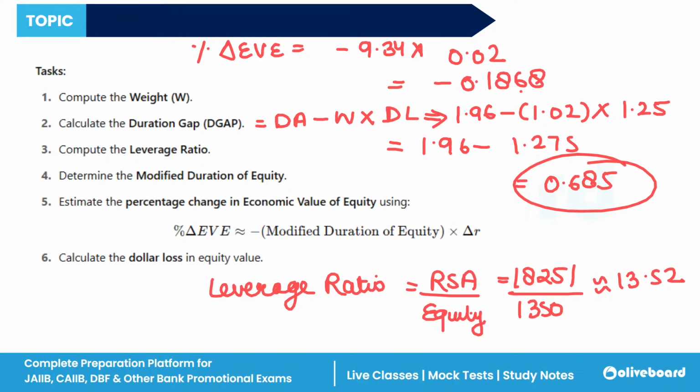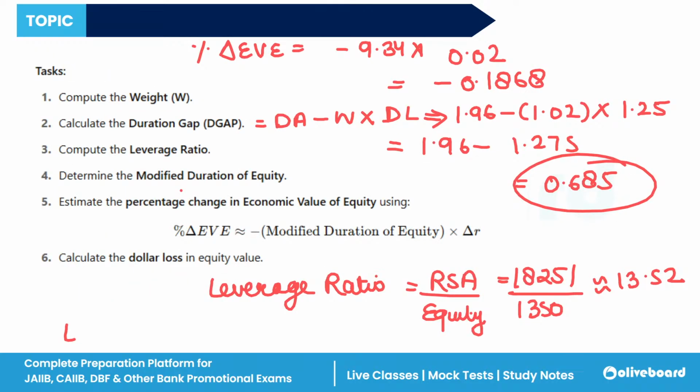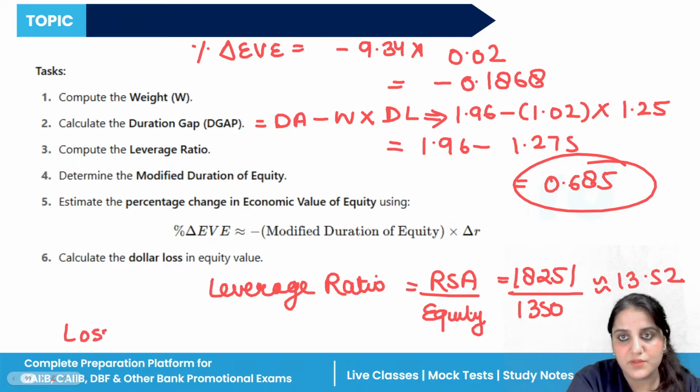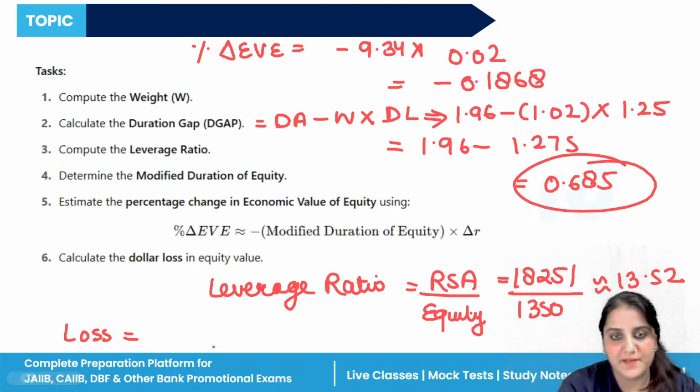And how to calculate the loss? Loss is basically the change in the equity. We take this amount and multiply it by equity. So loss is equal to near about 18.68% negative.